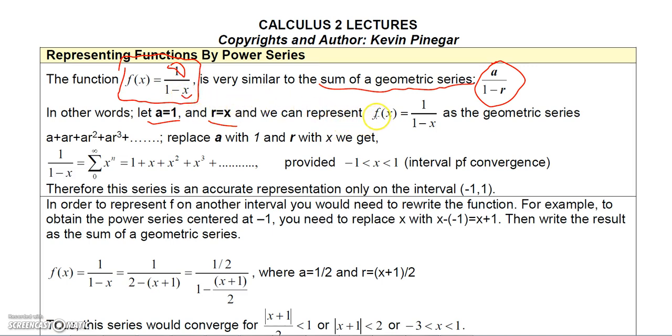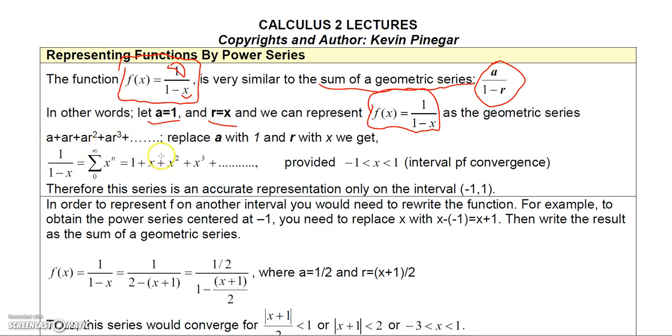And then since we know what a and r are, we can represent this function as the geometric series a plus ar plus ar squared, and so forth.